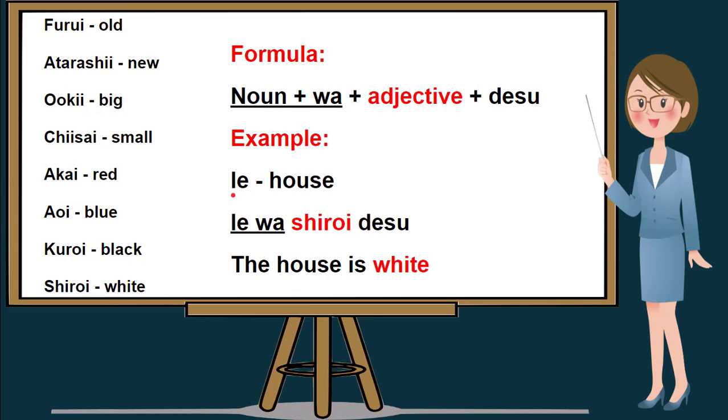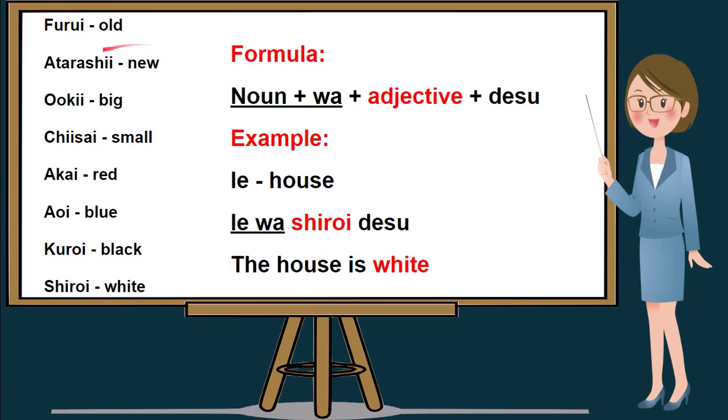All we need to do is to add wa, and this will be the noun plus wa. Plus we will add an adjective, which is shiroi. Shiroi means white, and desu. Wa shiroi desu means the house is white.